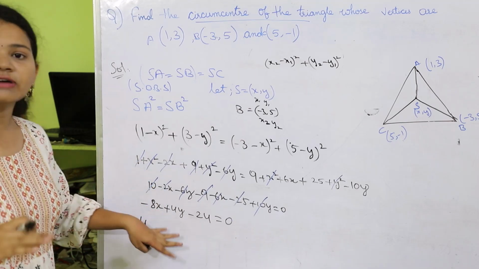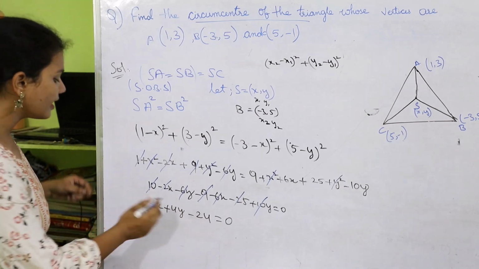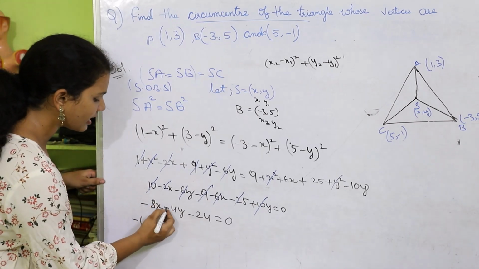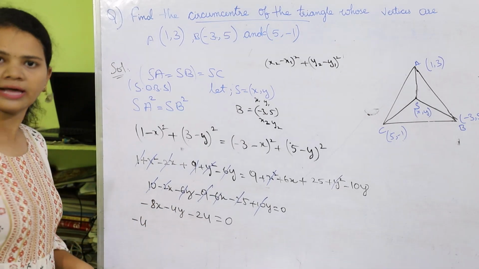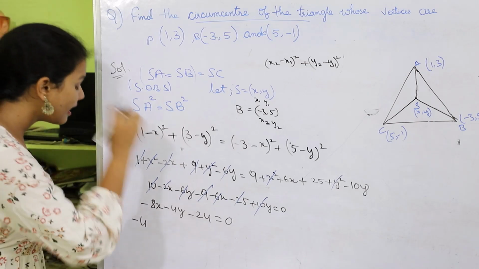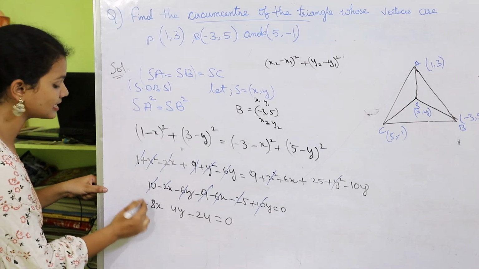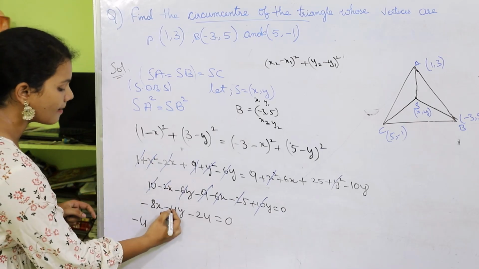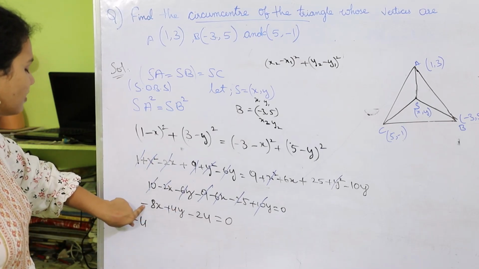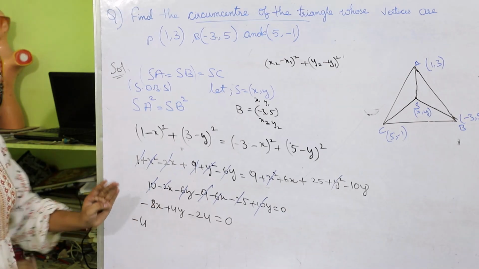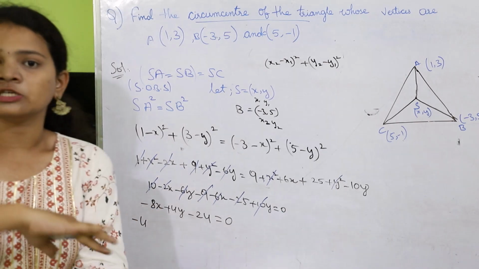Always the x value should be positive. If I get a minus value elsewhere, it's okay, but if here it is minus, then it won't work. We must convert this minus into plus. If the x value is minus, make sure you convert the minus into plus.